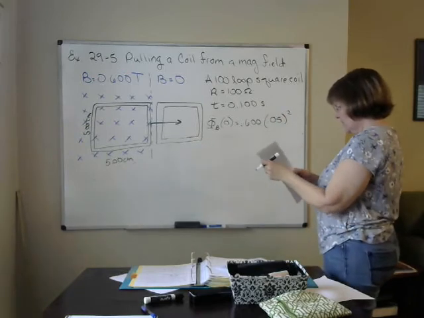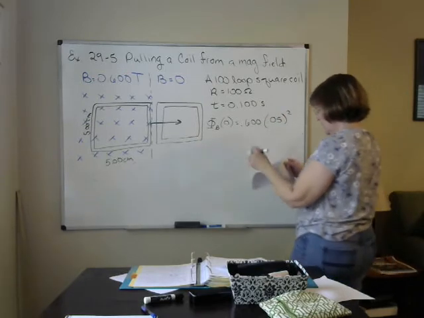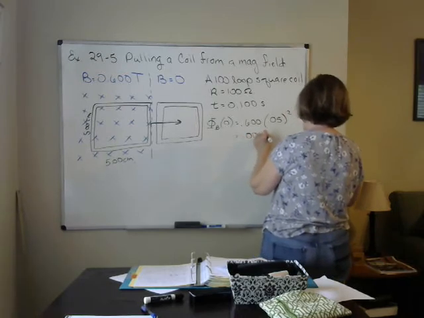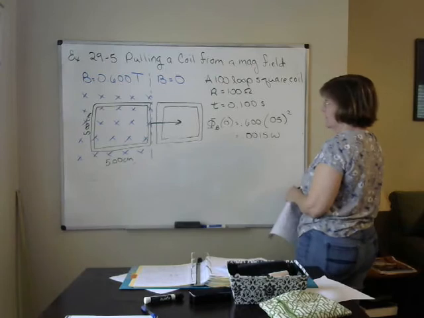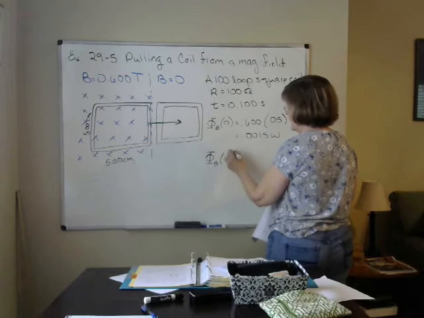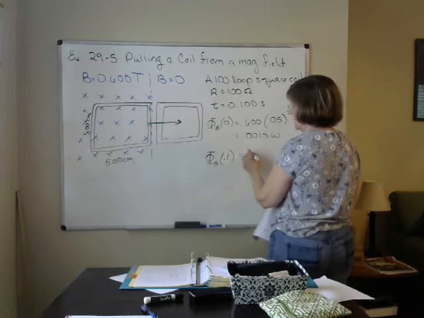So we start with a magnetic flux of 0.0015 Webers. The flux at 0.1 seconds was 0.